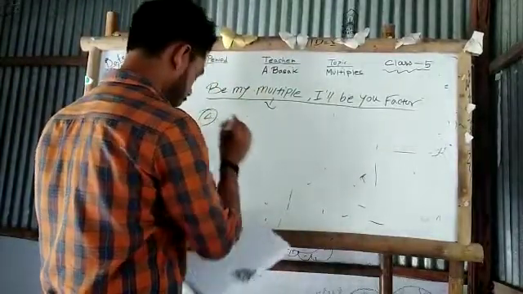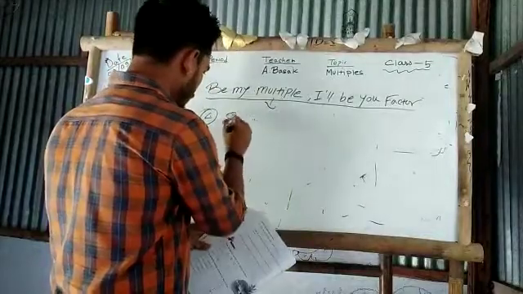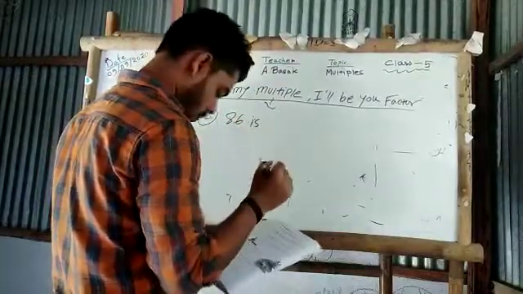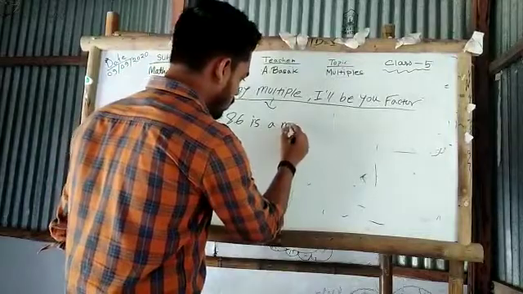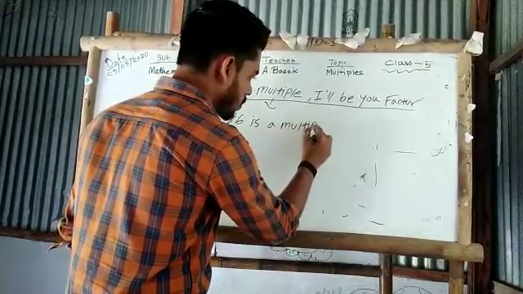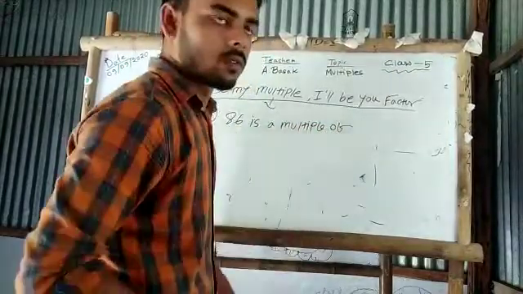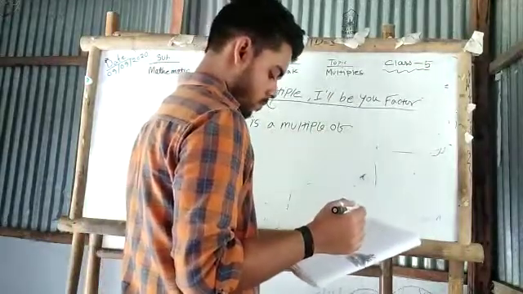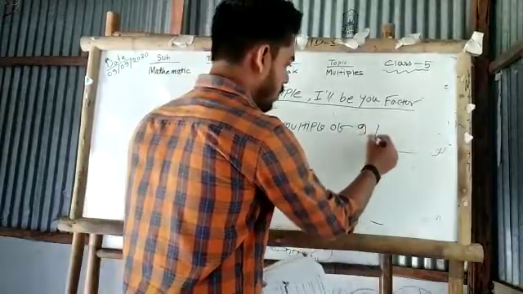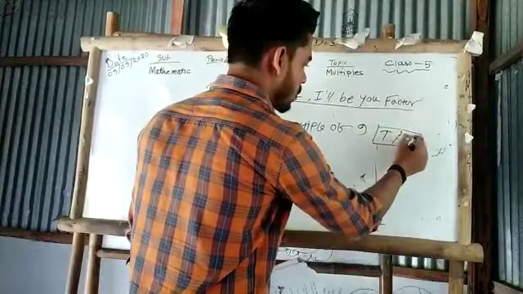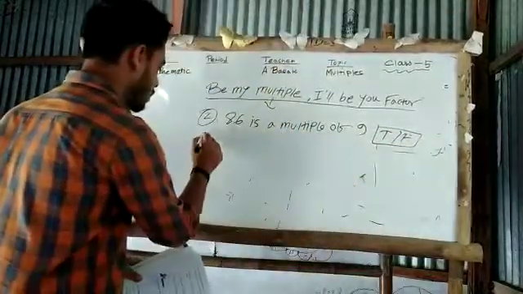Question number C: 86 is a multiple of 9, true or false? You need to determine this.